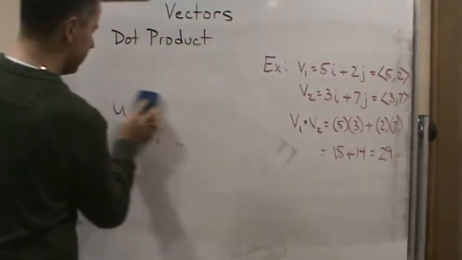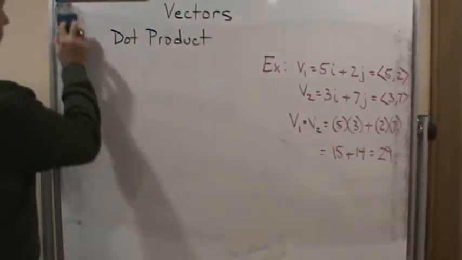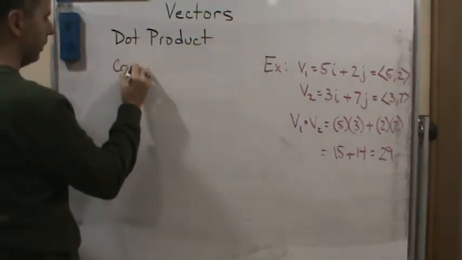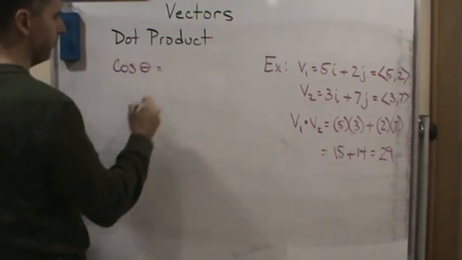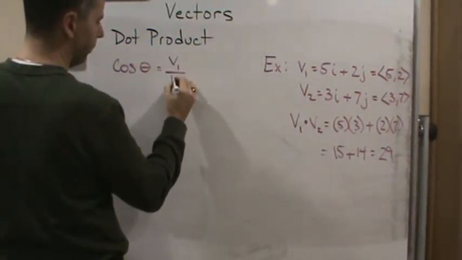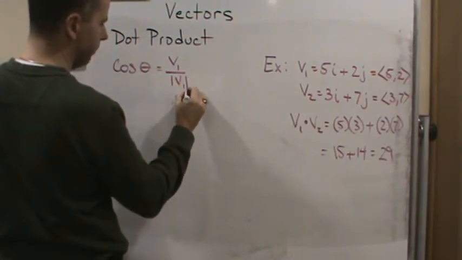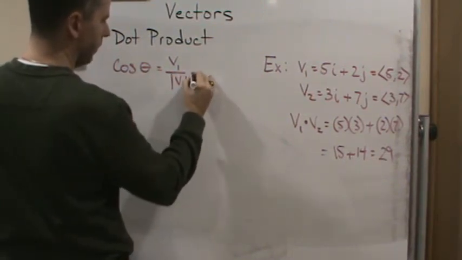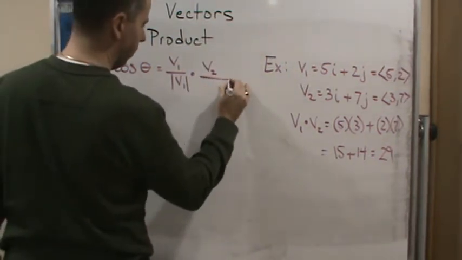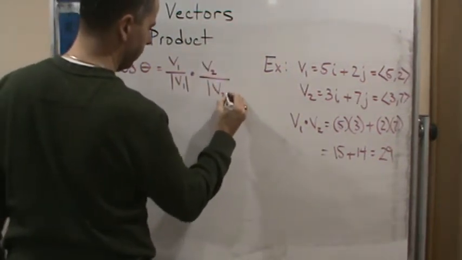Let me erase this. And so now I'm going to use the formula cosine theta equals v1 over the magnitude of v1 dot product with v2 over the magnitude of v2.